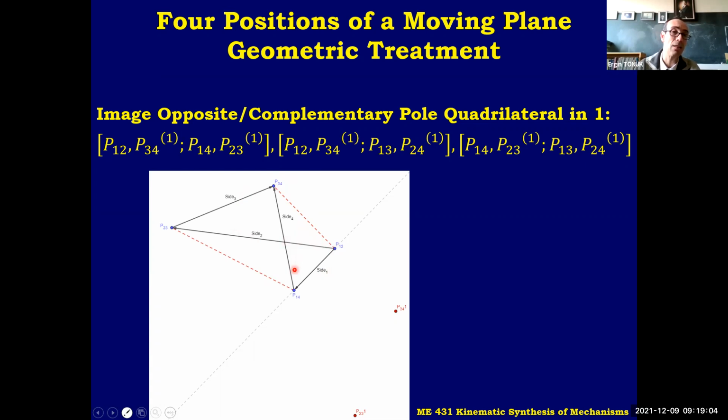If you would like to find the image pole quadrilateral in position 1, the ones that have an index 1 preserve their locations, but these ones you have to reflect with respect to side 1 so that you find their positions in 1, so that you can form an image pole quadrilateral, if you like, or image opposite or complementary pole quadrilateral in position 1, which we will see how it's going to be used later, okay?